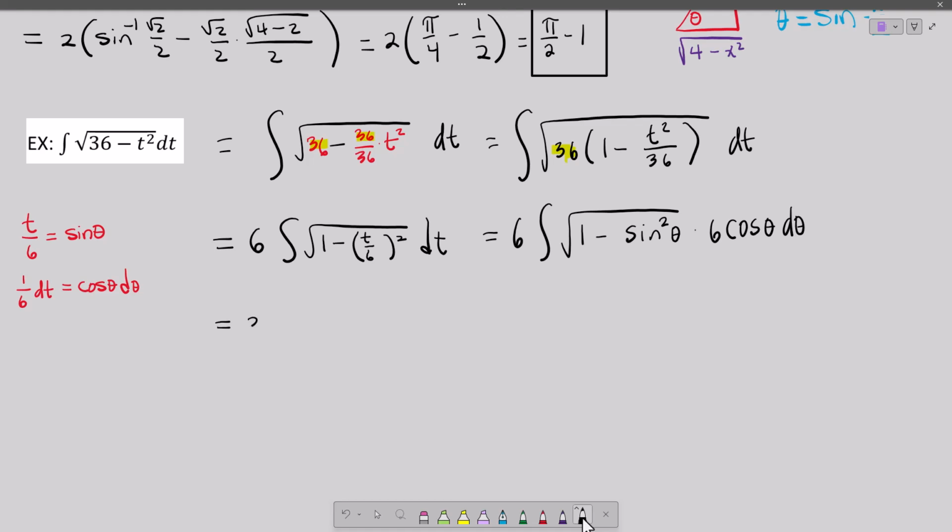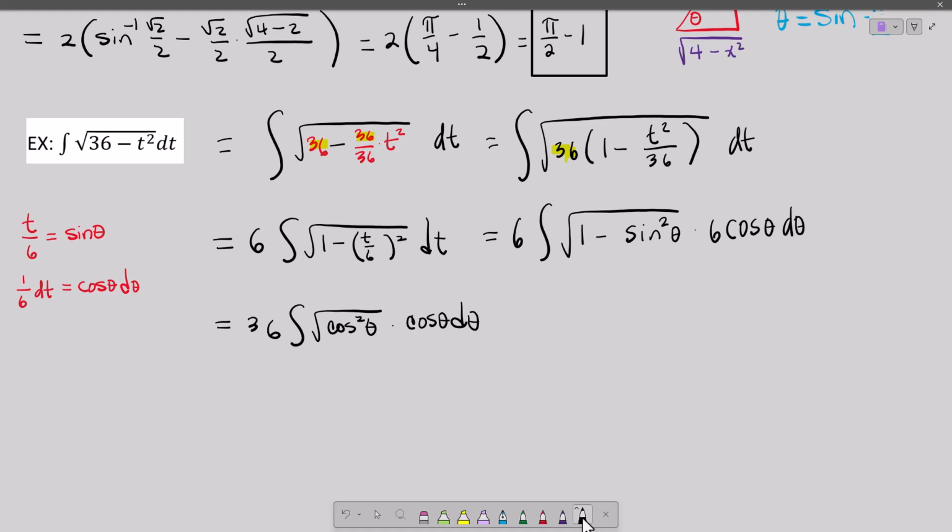So we end up with 36 on the outside, and then that becomes square root of cosine squared. Now they didn't say anything about theta. We're just going to assume that cosine of theta is positive, so the square root of cosine squared is cosine.